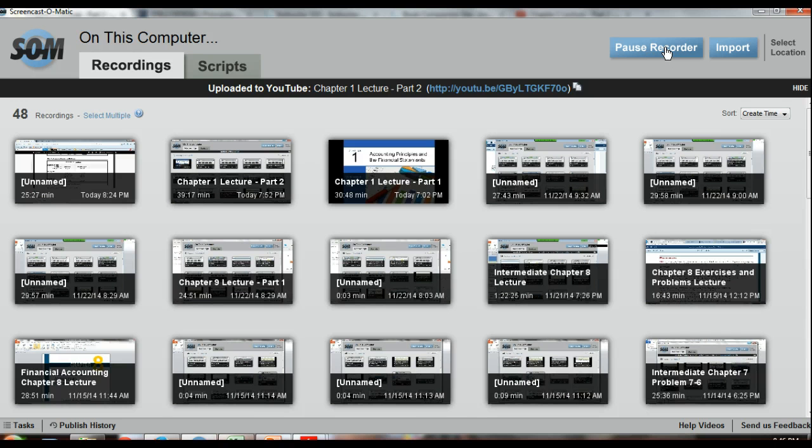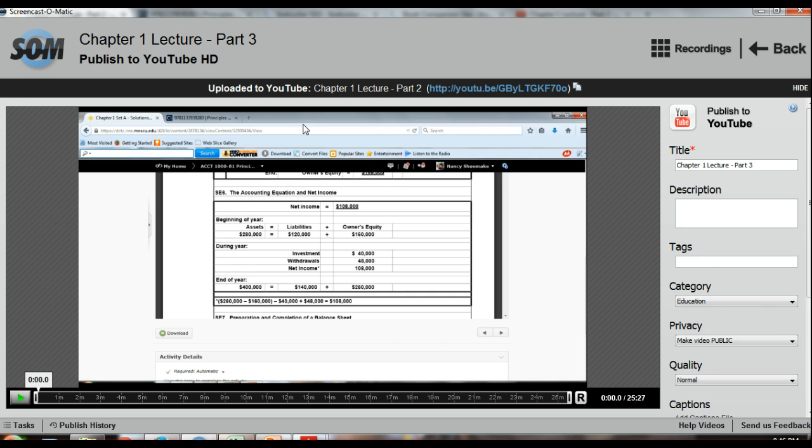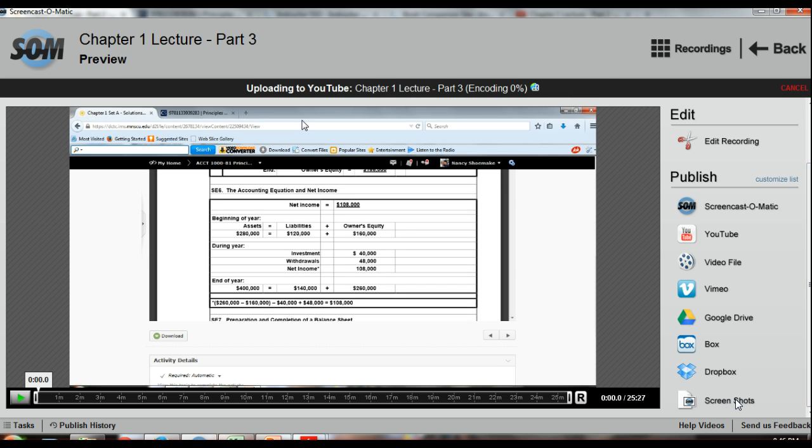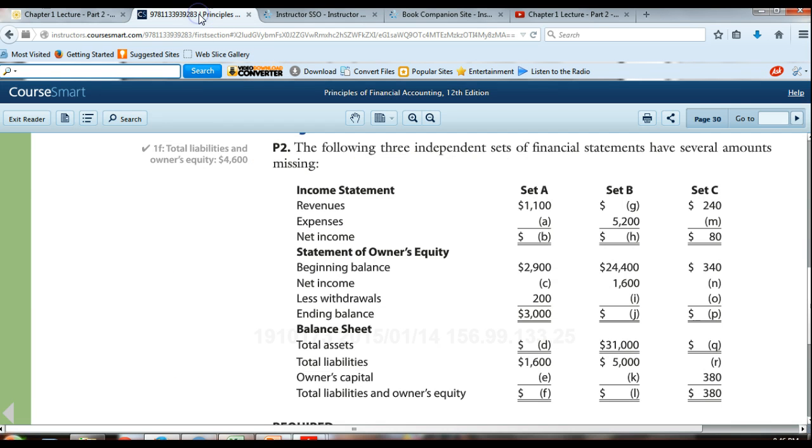Hopefully 1,000, owner's capital should be 25. Maybe 26. About 26. I thought that was 500. So you just put J, should be 0.6. Would there be no withdrawals? No withdrawals.